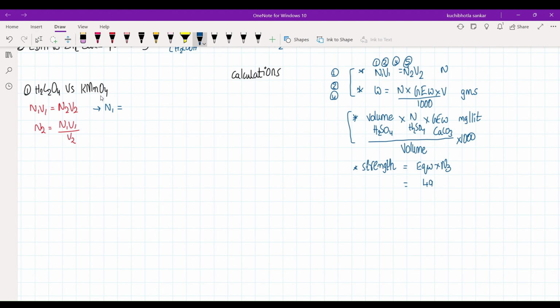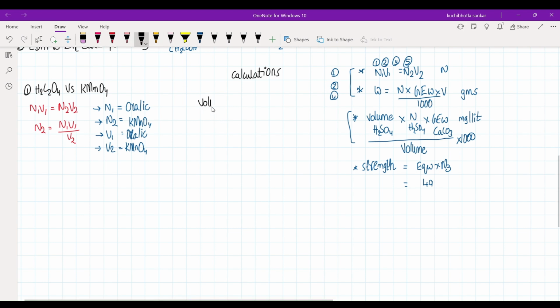No, we are estimating the amount of KMnO4 solution here. So the standard solution is oxalic acid. So we are taking the normality of oxalic acid as N1, and N2 is automatically going to become KMnO4, and V1 is taken as oxalic acid volume as well, and V2 is KMnO4. So the constants table is going to be like this, by the way.